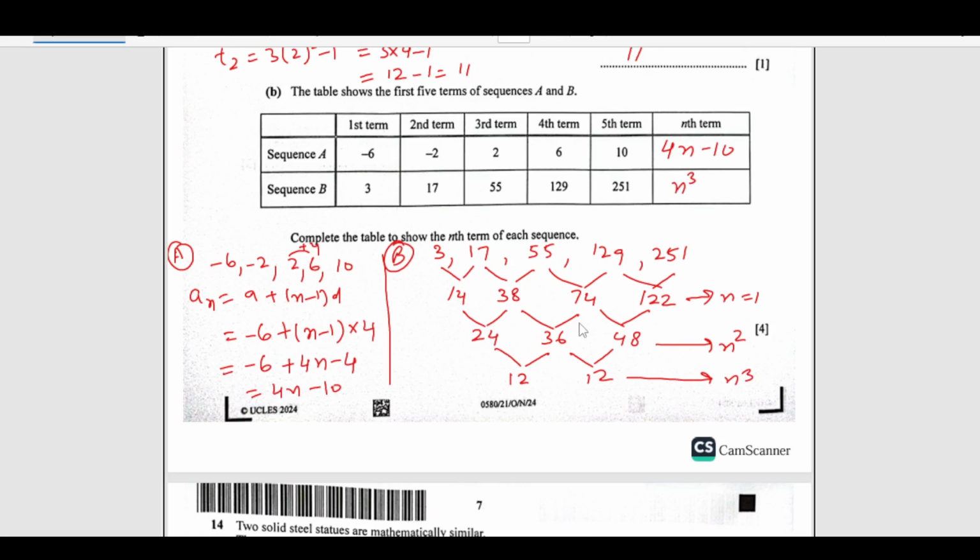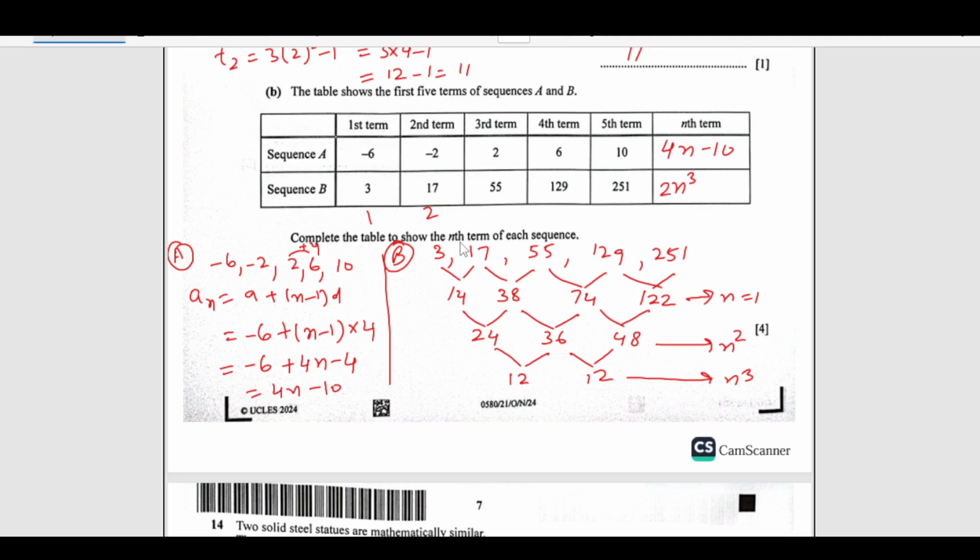So n cubed, now you have to use the trial and error method. If n is 1, 1 cubed plus 2 gives 3. And when n is 2, this is going to be 2 cubed, that is 8, and 8 plus 1 does not give us 17. So that means it should be a multiple of something. As this is an even number, it can be a multiple of 2.